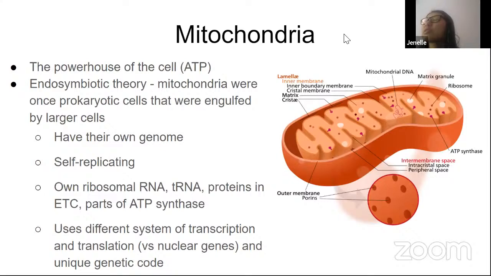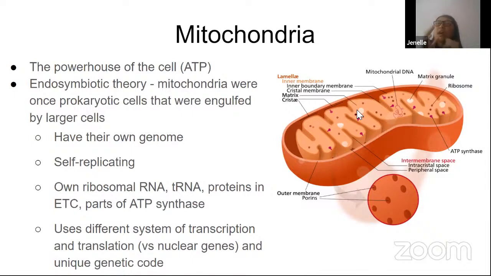What is the difference between endosymbiotic and symbiotic? Oh, I see Opal also raised her hand. Let me answer Nisha's question, and then Opal, you can unmute and ask your question. So endosymbiotic, if you break it down, the endo portion means inner, but in this case for the mitochondria, they were engulfed by larger cells.